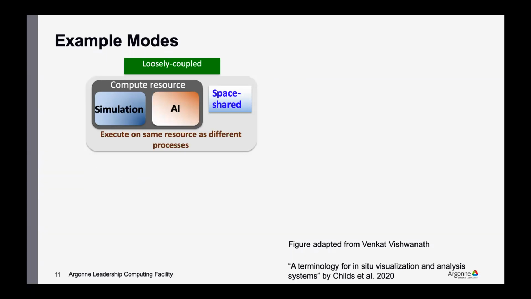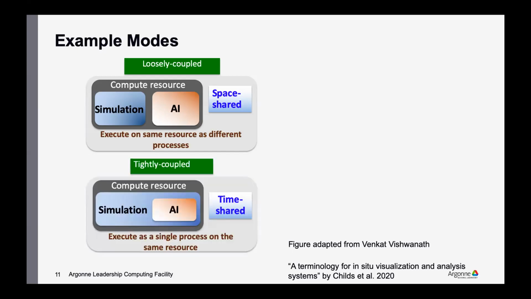To give you an idea of some ways this can fit together, here's a figure adapted from a figure that Venkat made, again based on that paper. One example is you have the simulation and AI on the same compute resource, and you could call this loosely coupled. They're different processes sharing space.